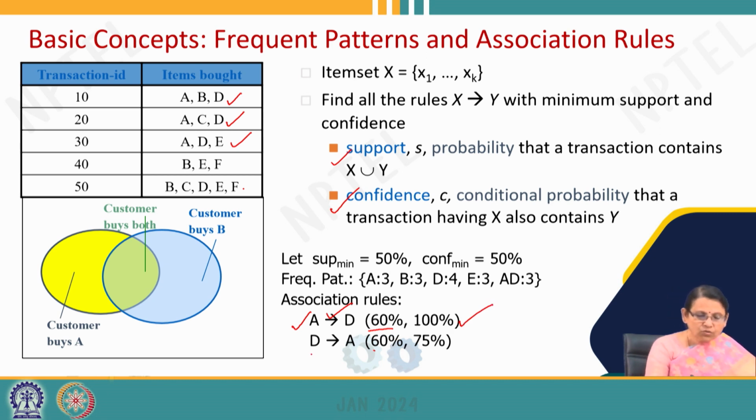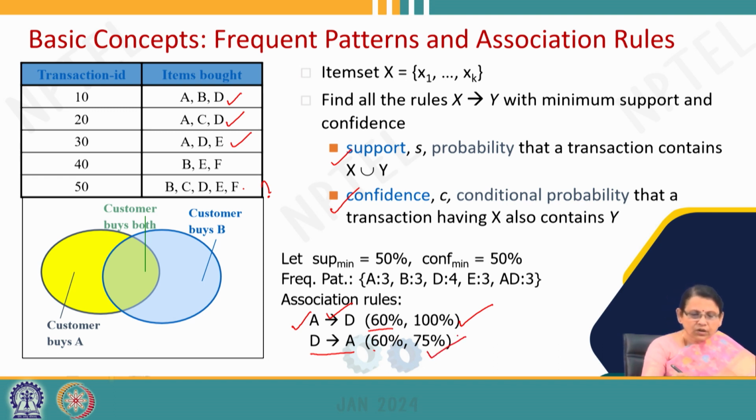But if I make the rule, when D is there, A is there or not, see, this particular one has D, but A is not there. So, out of 4 transactions which have D, only 3 contain A. So, the confidence is 75%.